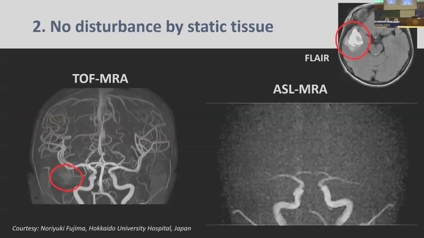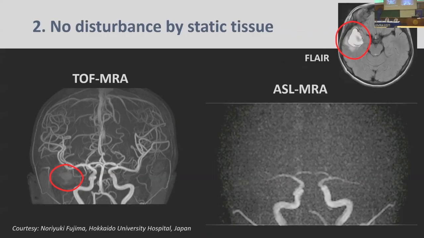This case is an intracranial hemorrhage that happened in a young patient. Considering the age of the patient, an AVM was suspected. However, the time-of-flight was not very successful, probably because the hematoma is elevating the static tissue signal.